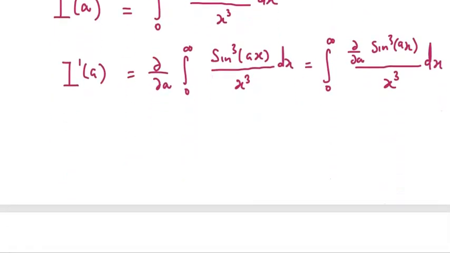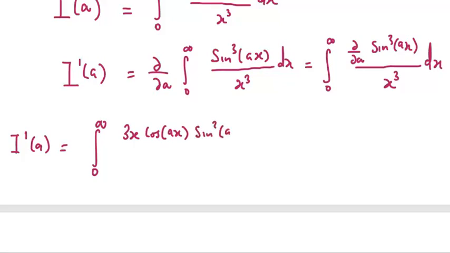Okay, so from here, I prime of a is going to be equal to, if you differentiate that numerator sine of ax cubed with respect to a, remember we have the integral from 0 to infinity, that will give us 3x multiplied by the cosine of ax, then the power reduces to sine of ax squared, and then divided by x cubed dx.